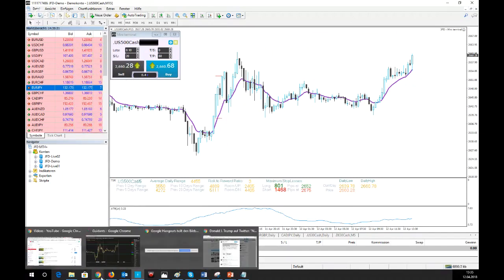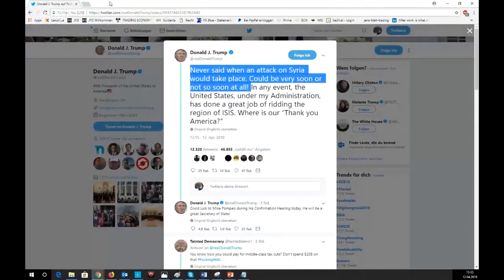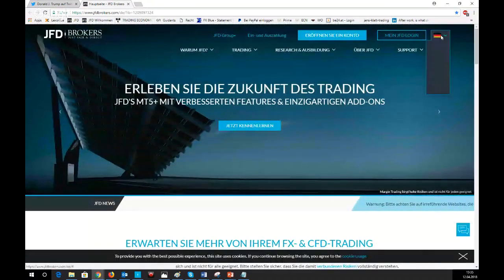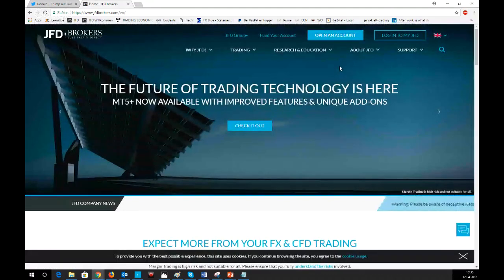But first of all, you might wonder, okay, where do I get this? This is something you can get from the website of JFD Brokers, where you have to have a demo account. It is connected to a demo account or a live account from JFD Brokers, depending on whether you're trading live or demo. That doesn't matter, but you have to be minimum a demo client.